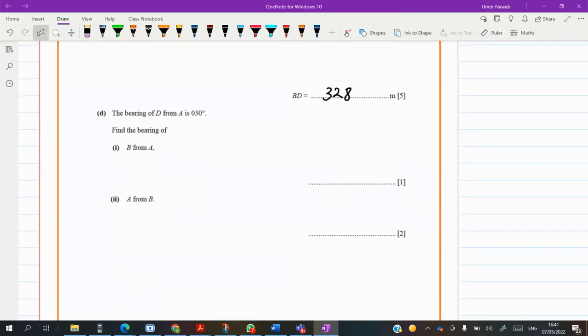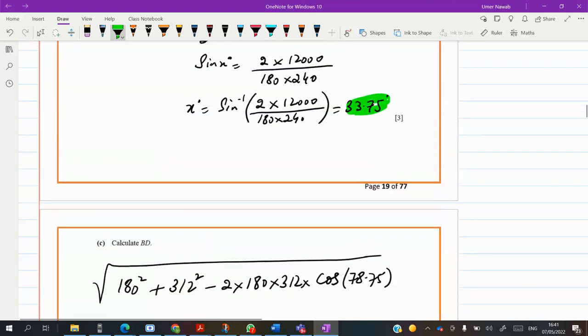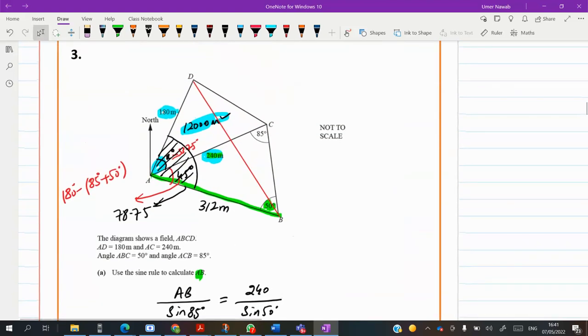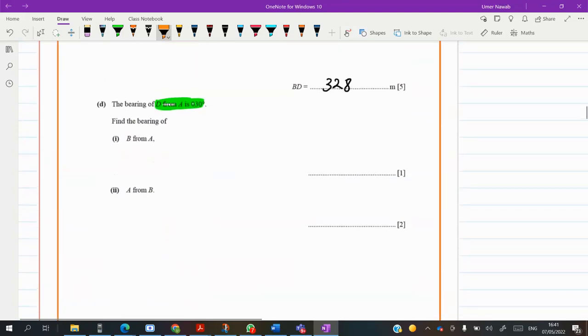The bearing of D from A is 030. The bearing of B from A we want to find. Let us check. D from A is 30. This angle is given by him. How much? 30.